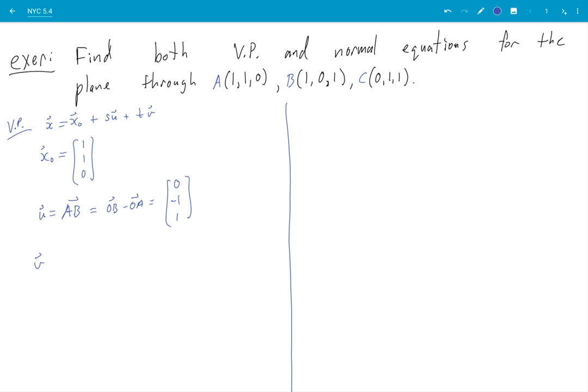Now for V, got to be a bit careful. You can't do BA, because that would be parallel to AB, but you can do AC. That will be acceptable. So I do C minus A, I get minus 1, 0, 1.